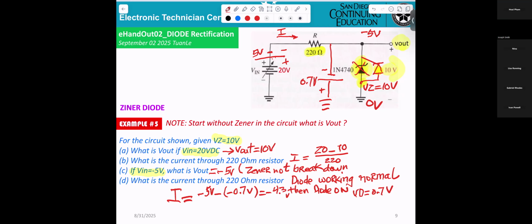So you get minus 4.3 here, and the current now goes this way.